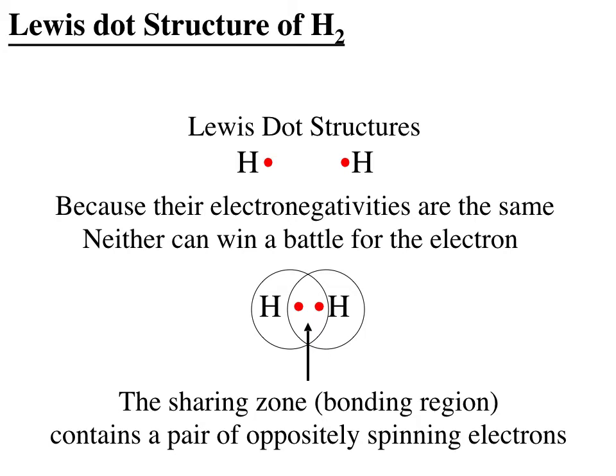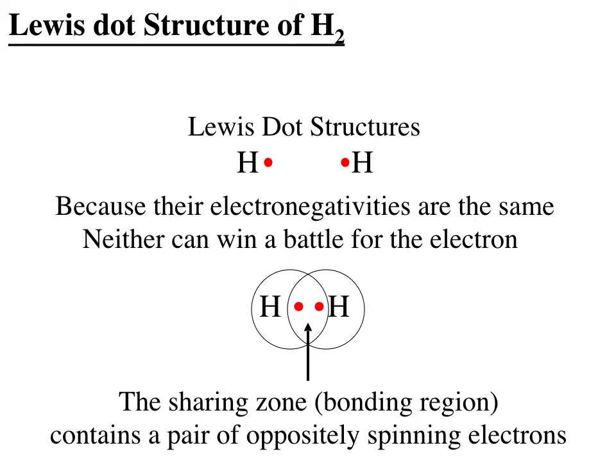What I show in the middle of the slide is a circle representing the sphere of influence of hydrogen A and a circle representing the sphere of influence of hydrogen B, and there is an overlapping region of influence between those circles, which constitutes the covalent bond between these two hydrogen atoms. Notice that each hydrogen places its valence electron into that sharing region, so that at any given time the hydrogen on the left thinks those two electrons belong to it.